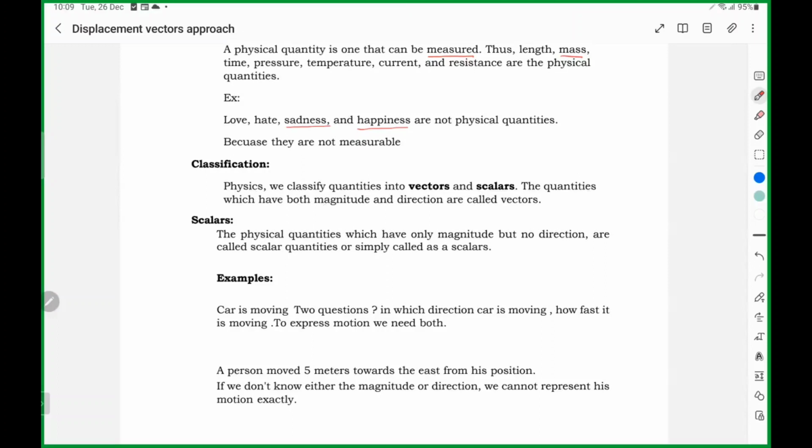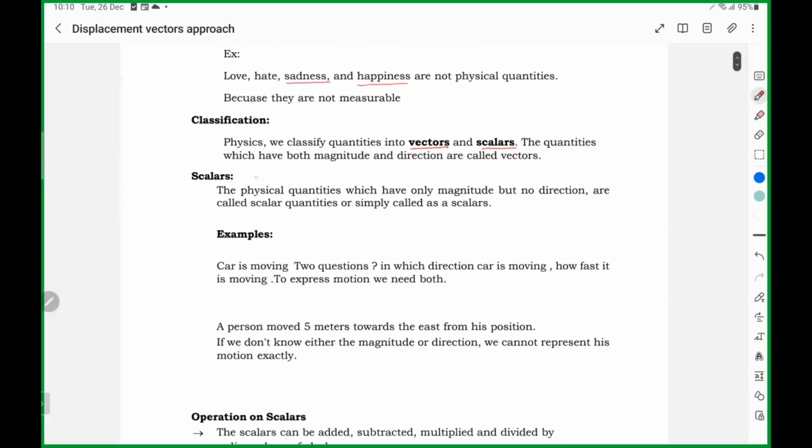Here, physical quantities are classified into vectors and scalars. Scalar is just a real number. It can be negative, 0, or positive. Scalar quantity.